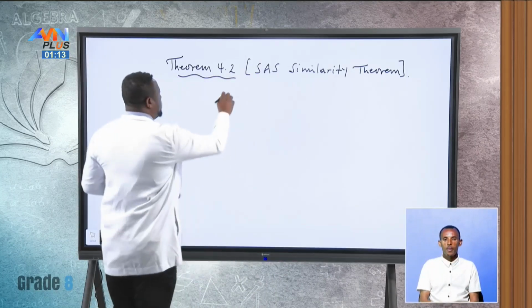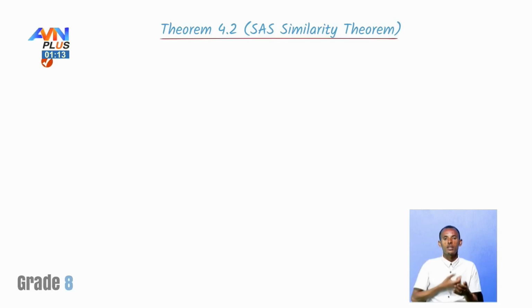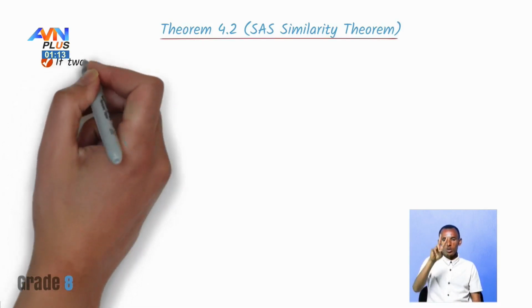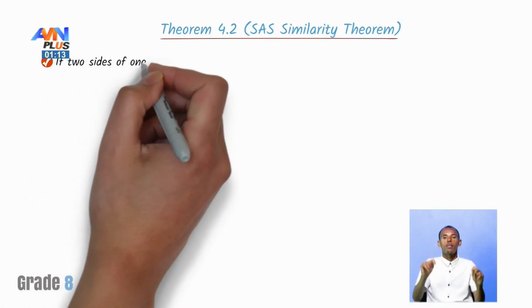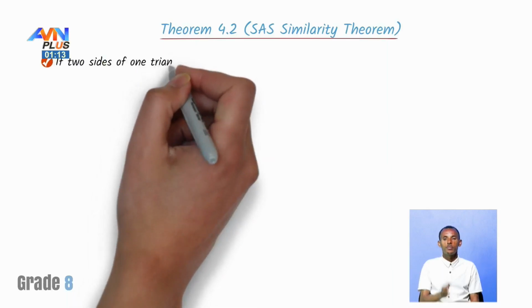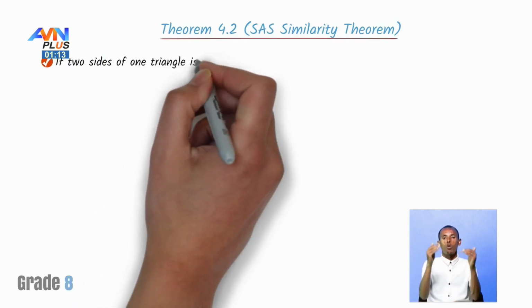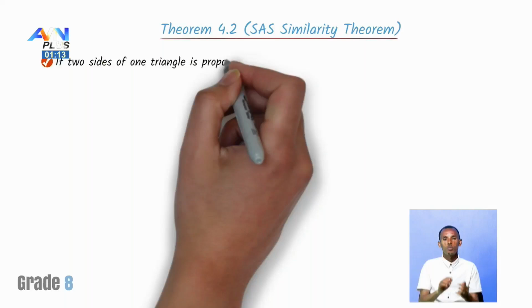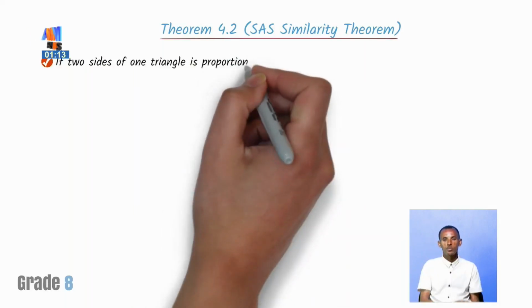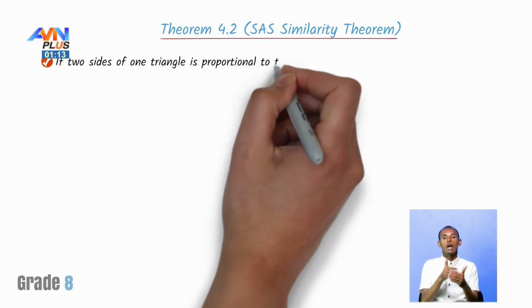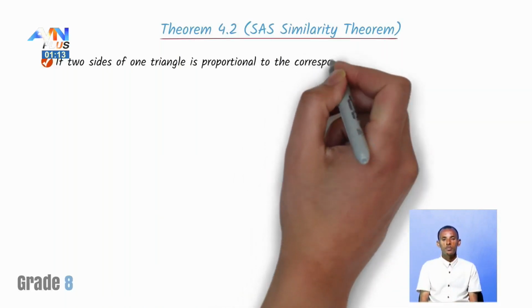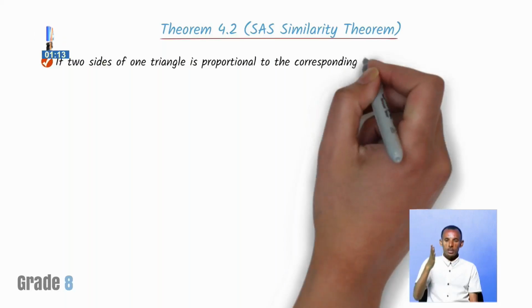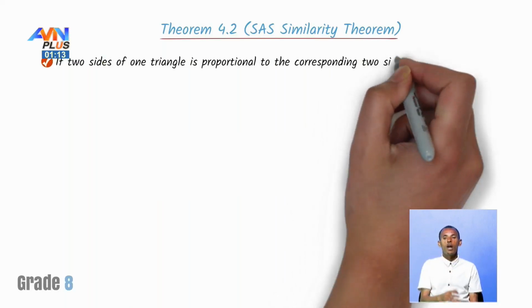So this theorem tells us if two sides of one triangle are proportional to the corresponding two sides of another triangle.